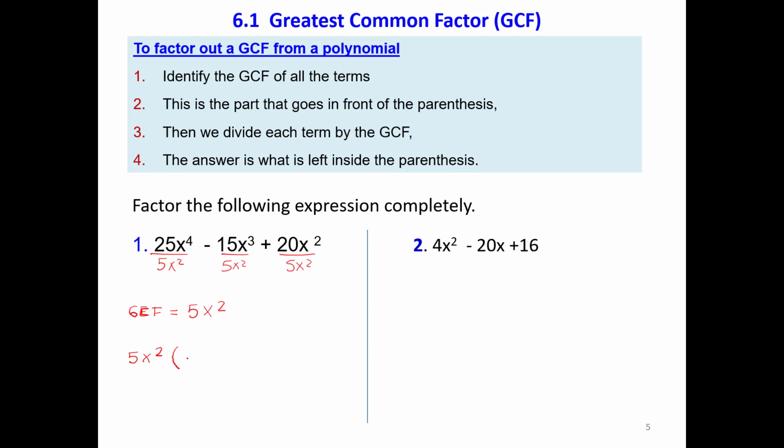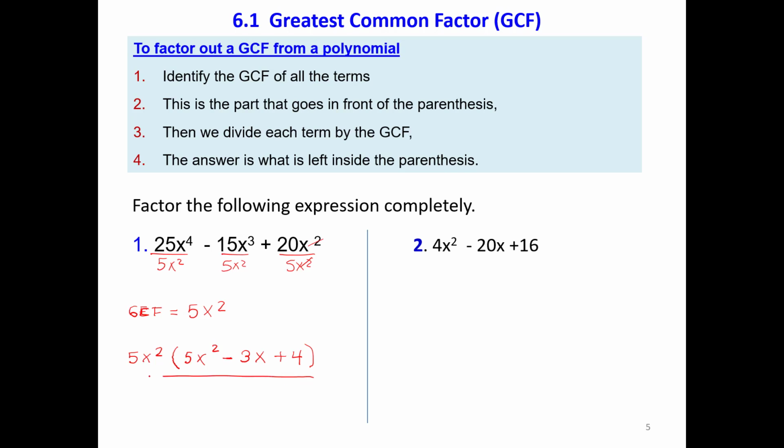And 25 divided by 5 is 5x. 4 minus 2 is 2. Negative 15 divided by 5 is 3. X to the third divided by x to the second is just x. 3 minus 2 is 1, but we don't need to write 1. Plus 20 divided by 5 is 4. And x cancels out. Yes, we have the same terms and they cancel out.